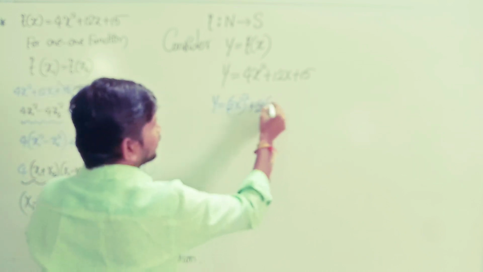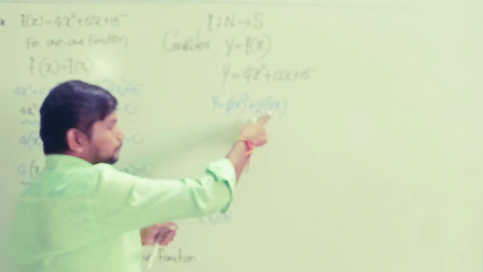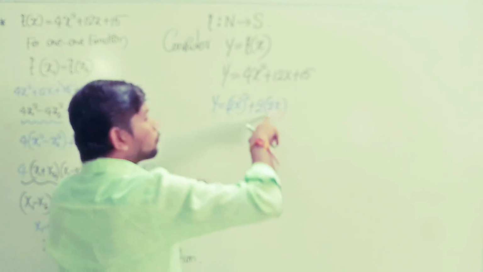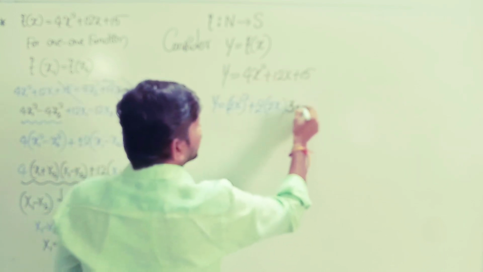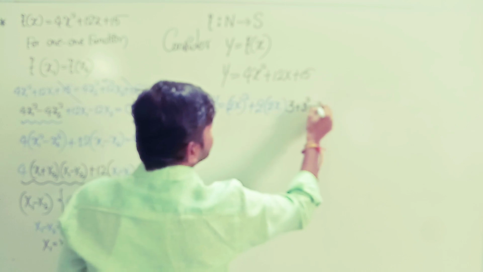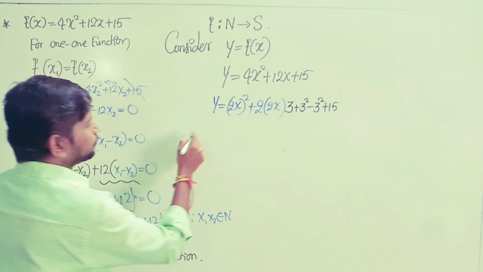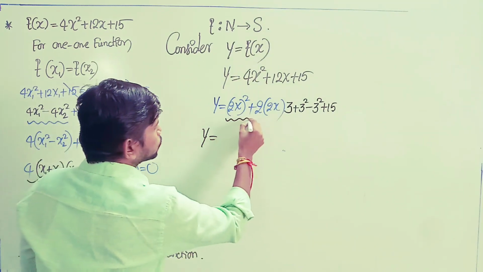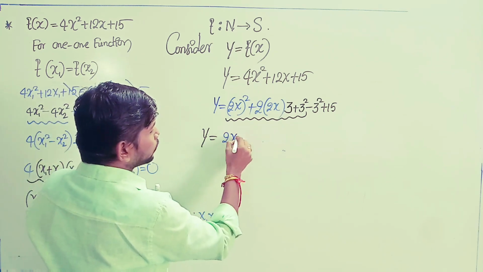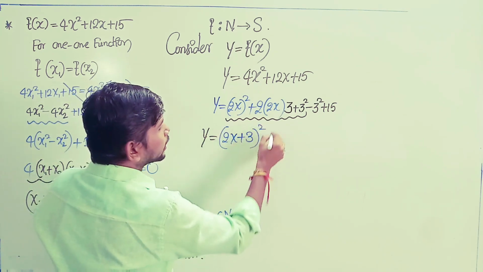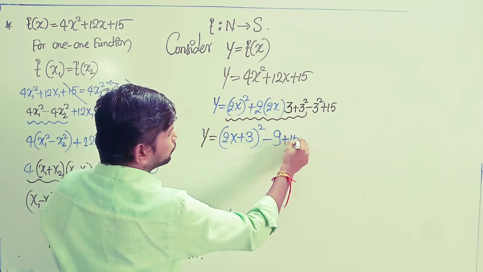Now check it: a square, 2ab. The b value: 2 into 2 is 4. What multiple of 4 will be 12? It is 4 into 3. That's why the b value is 3, adding 3 square, subtracting 3 square, plus 15 as it is. Got it? After this, y is equal to a square plus 2ab plus b square. It will be (2x plus 3) whole square minus 9, because 3 square will be 9, plus 15.